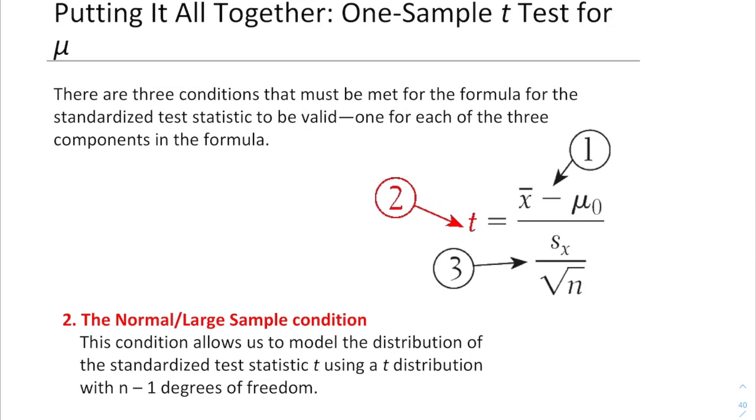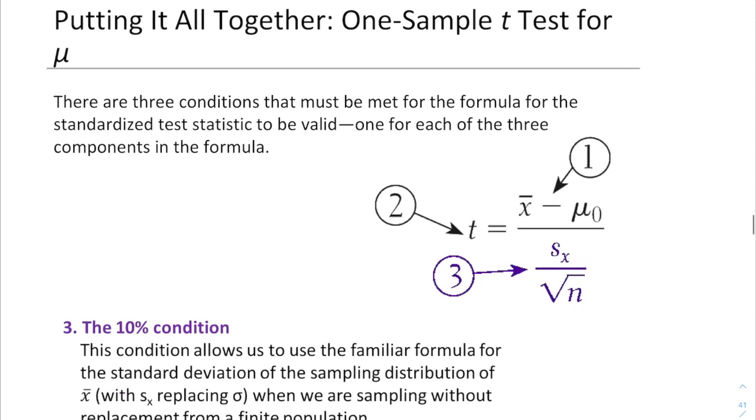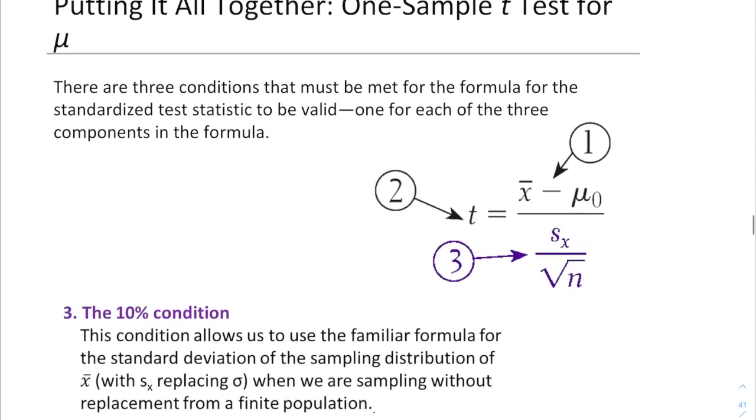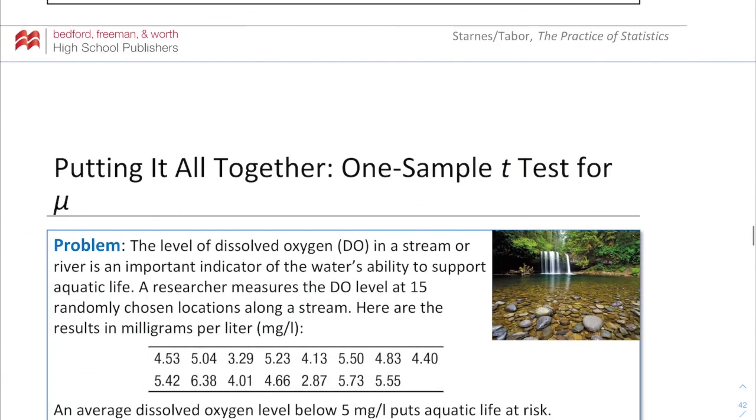The large count condition is what allows us to use the t-distribution, that something is approximately normal. And the 10% condition is helping us to do the standard deviation. So here's just kind of your overall view of all of what you're doing, your formula, and then the 3 situations that it could be a one-tail or a two-tail test.